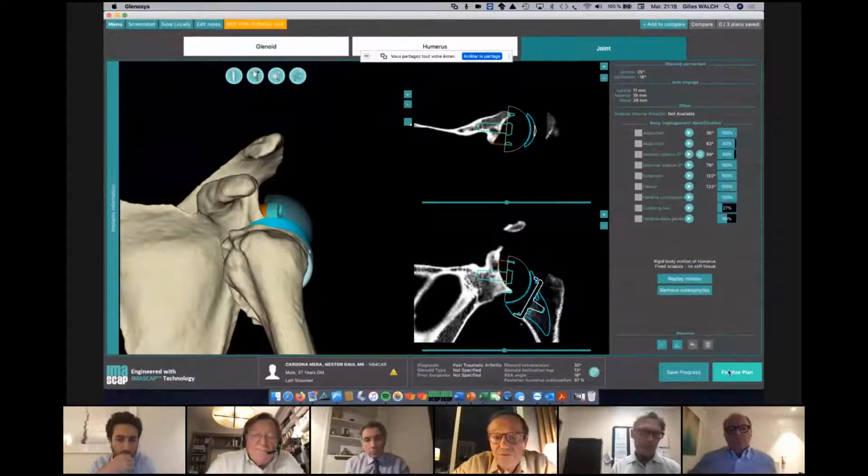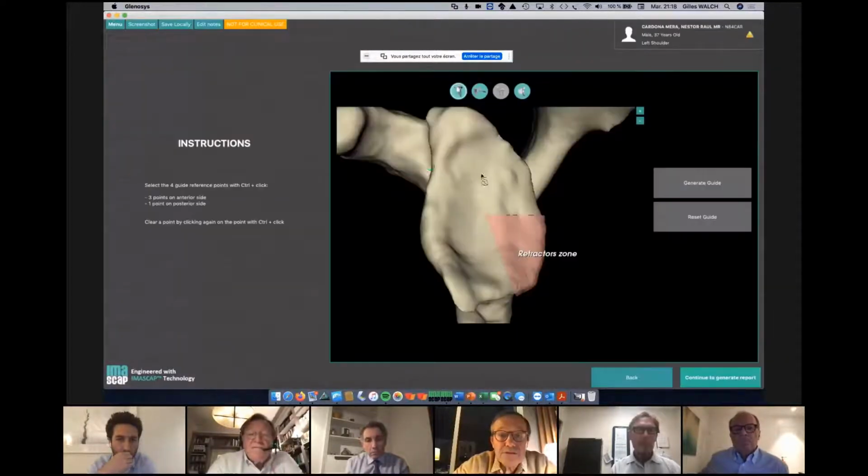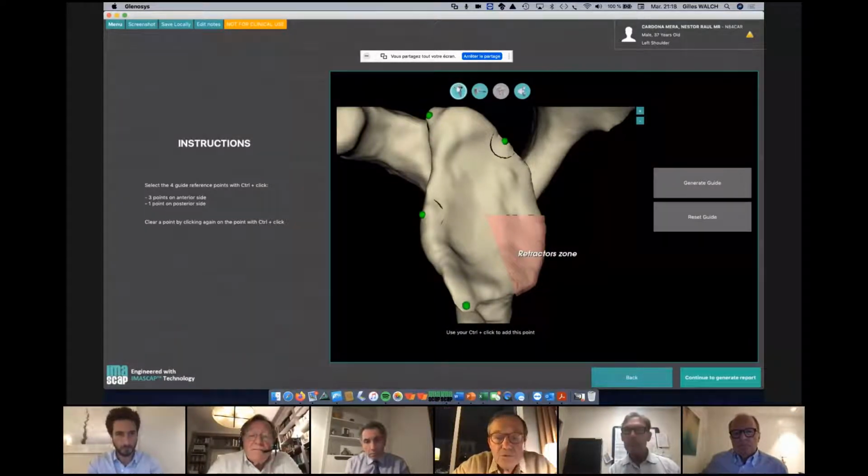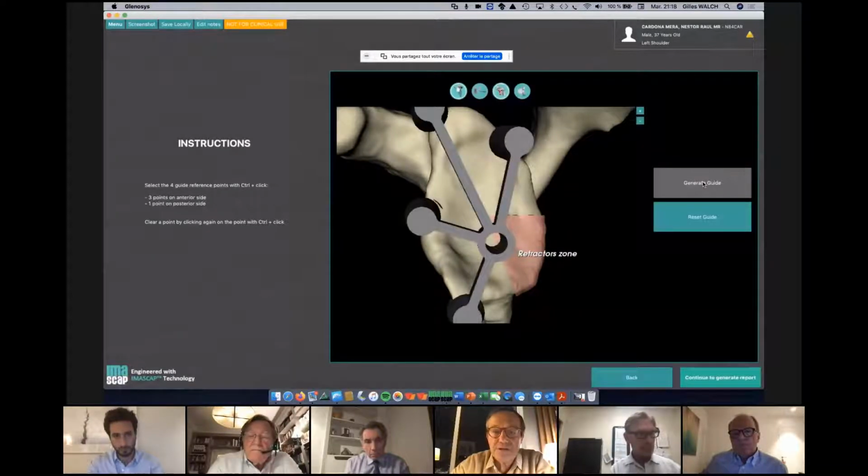So I would finalize a plan, build a guide, choose 1 point posterior superior right here, 1 point anterior superior, 1 point anterior, 1 point inferior, and then generate the guide. And with this guide, I know exactly where I have to enter the guide pin.